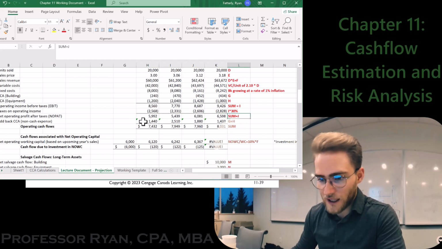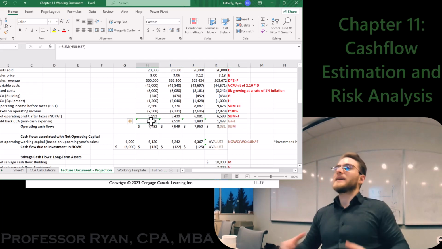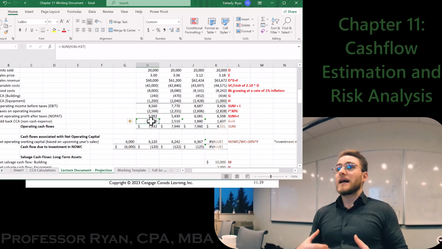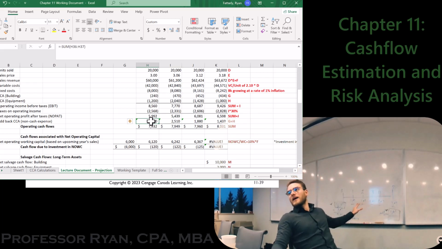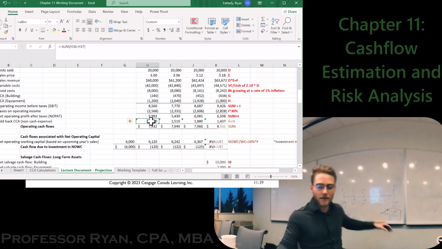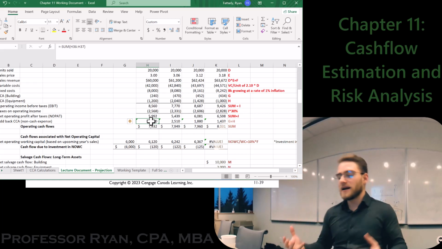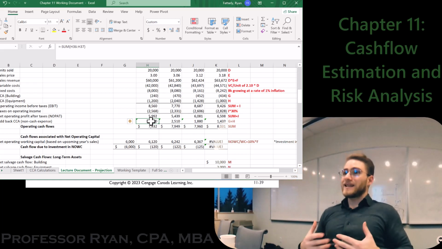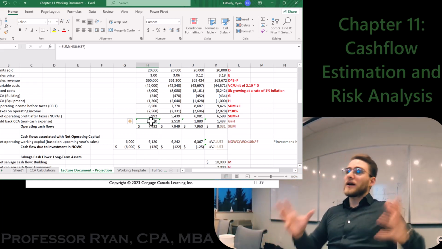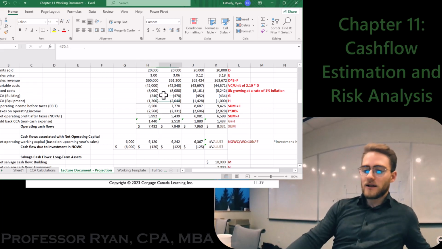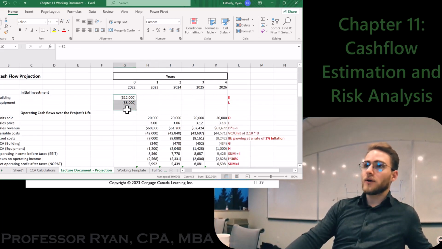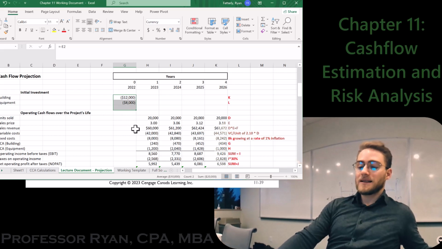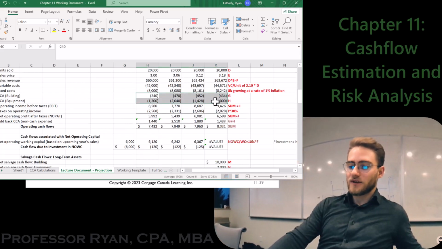So this is value J. And then what I do is because the CCA is, as I explained over here, just like amortization for accounting income, right? Because my CCA in this case is technically a non-cash expense because I've already, back up here in year one, this is when the cash outflow occurred, right? These aren't real cash outflows, right?